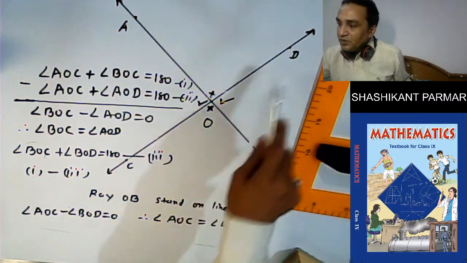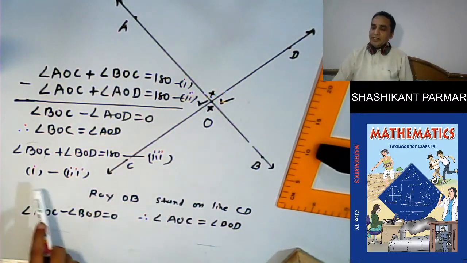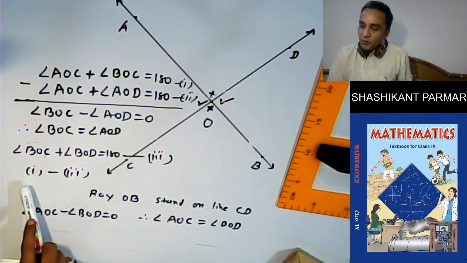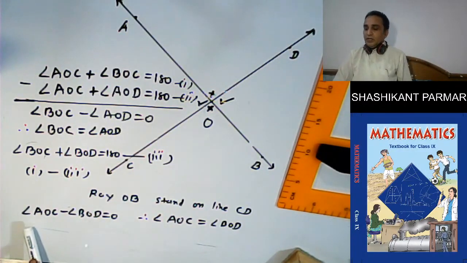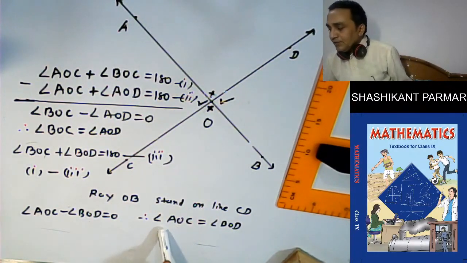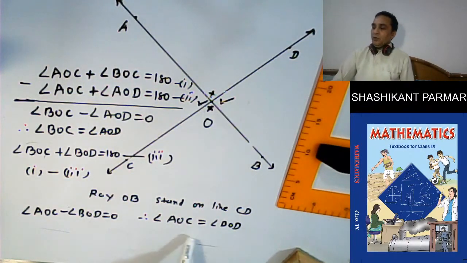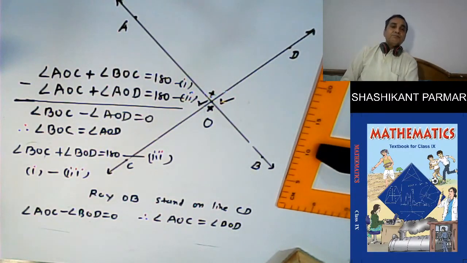Say this is equation number three, and then subtract third from first. So you will have angle AOC minus BOD is equal to 0, and finally you get the result you required: angle AOC is equal to BOD.